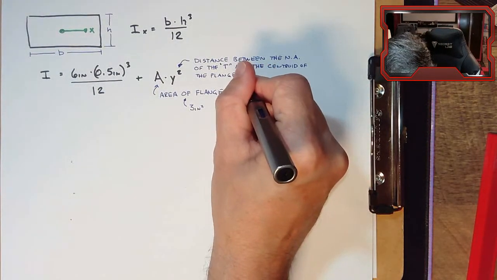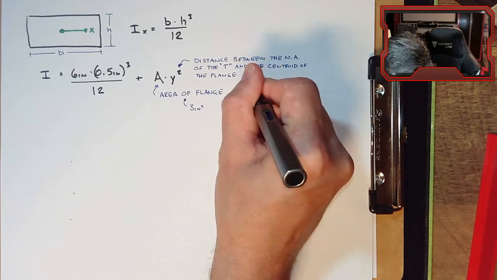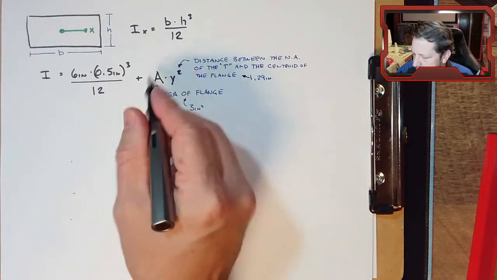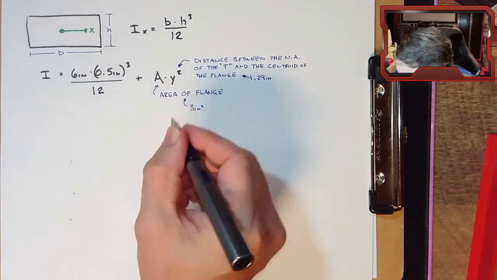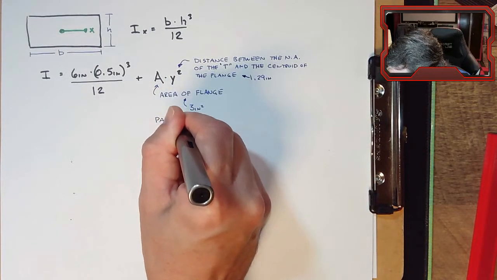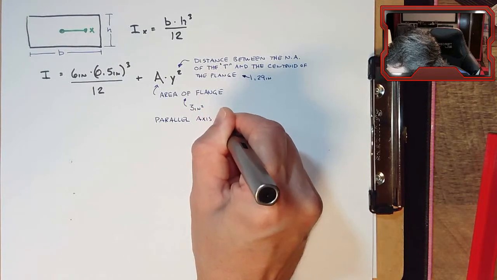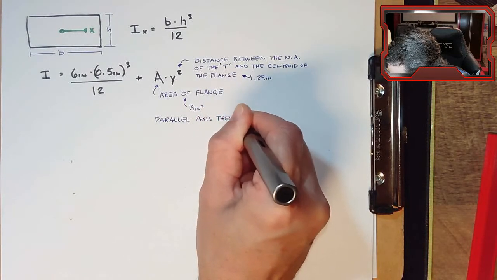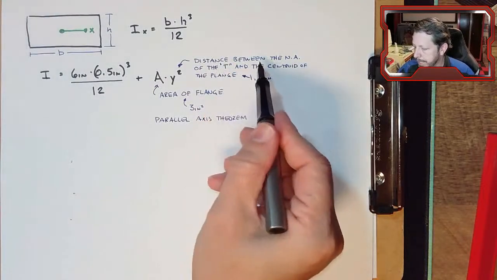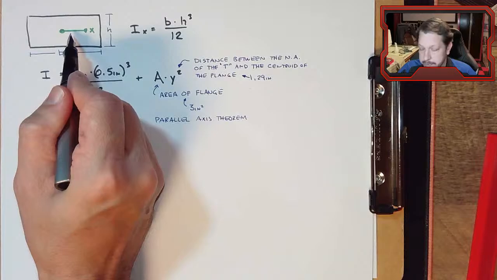What we're doing here is called the parallel axis theorem. So this whole adding on the A y squared, this is the parallel axis theorem. Parallel because there's two axes, the neutral axis and the axis of the part that we're dealing with.